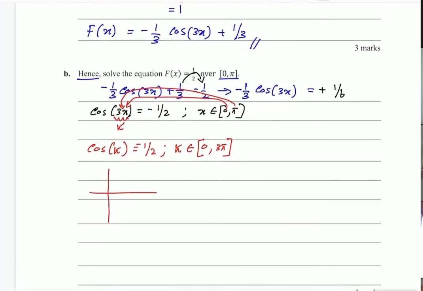So now cos k would be like this, with 2 pi here, then 3 pi here. Sorry, it's minus half, guys, so minus half is here. How many solutions are you expecting? This many, because 3 pi is your boundary, so you are going to take this part. So 3 solutions you are expecting. Now how do we get the first solution?